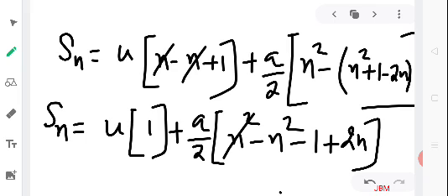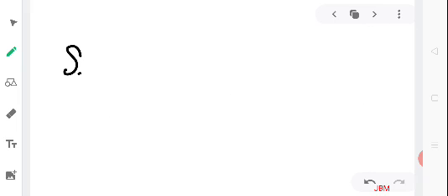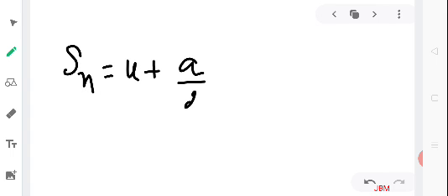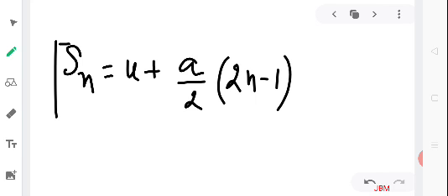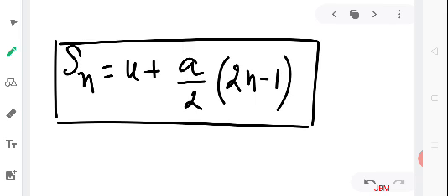So again you can cancel out these two terms. So you are left with 2n minus 1. So straight away you get S n equal to u plus a by 2 times (2n minus 1), and that is the expression for distance traveled in the nth second.